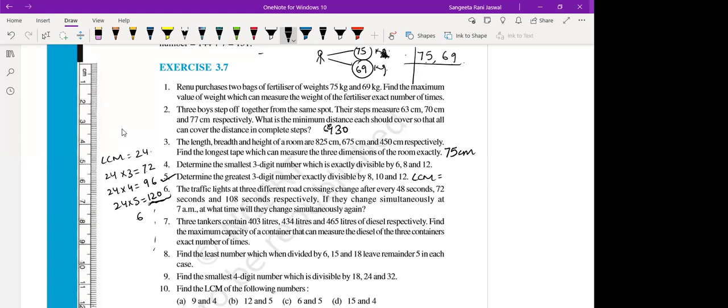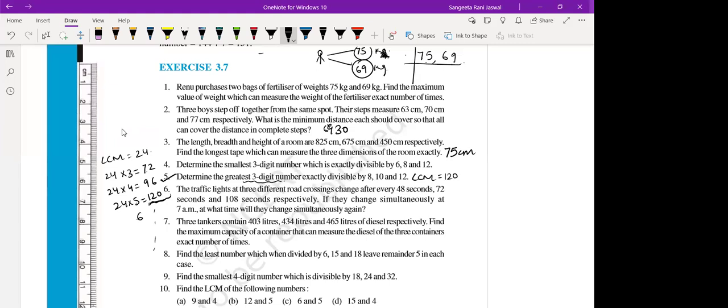Harshit, how much is the LCM? 120. Okay, Trilokya, look here. Now 120 is also a 3-digit number, but we have to find the greatest.